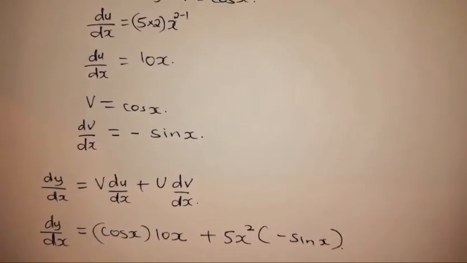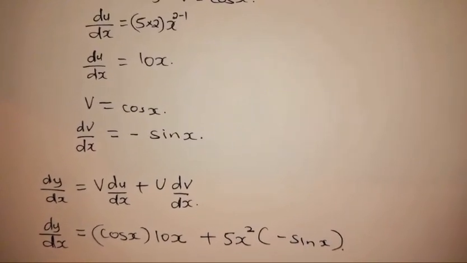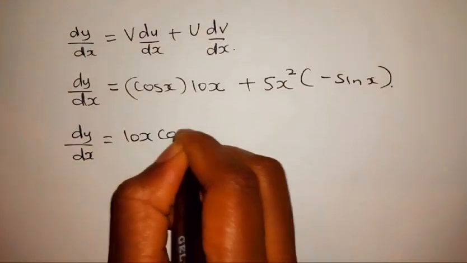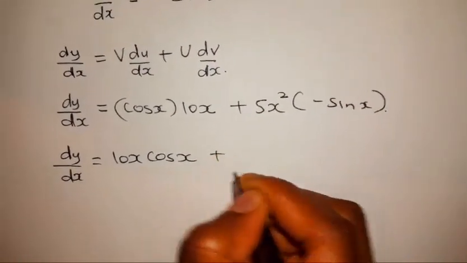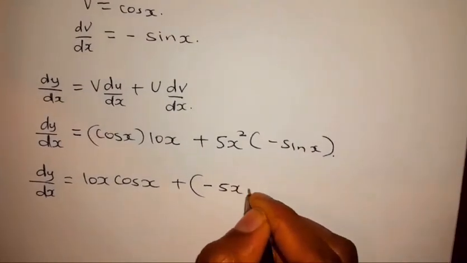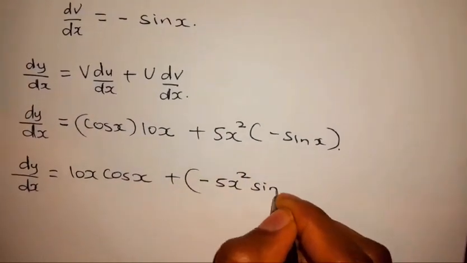Let's open the brackets, and our dy/dx will be 10x cos x plus minus 5x squared sine x.